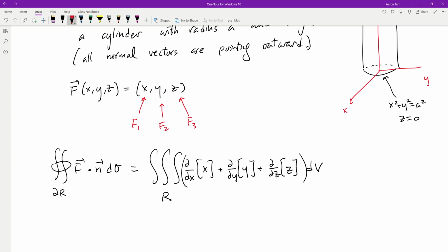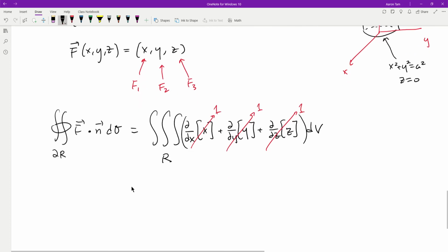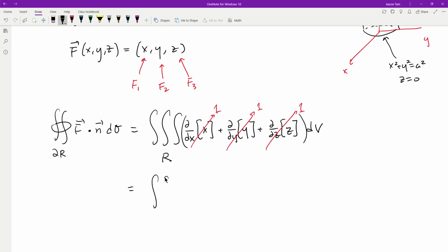As you can see, d over dx of x is just 1, d over dy of y is just 1, and d over dz of z is also just 1. So this all comes out to be just 3. So this is a triple Riemann integral over R of 3 dV.